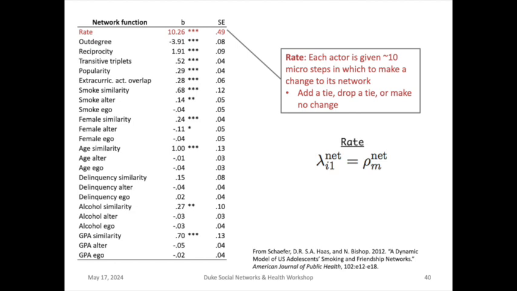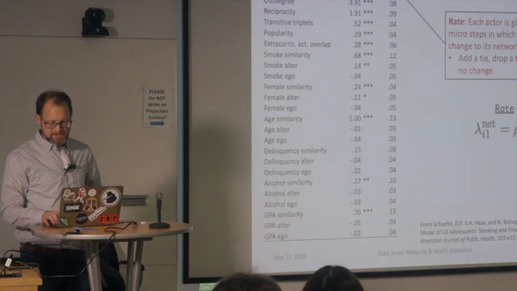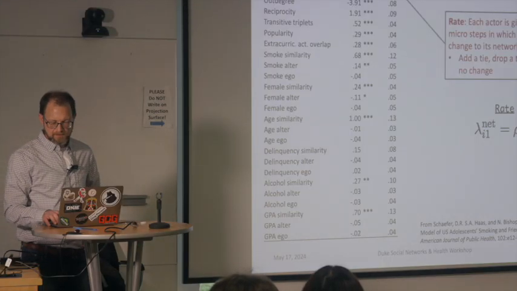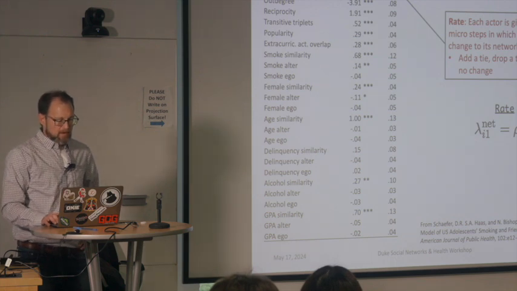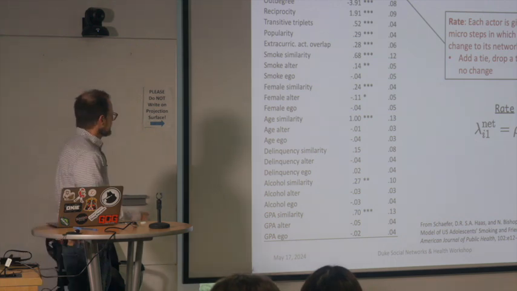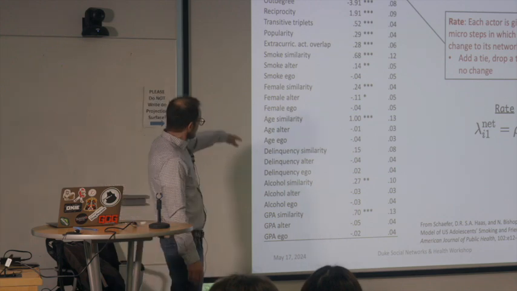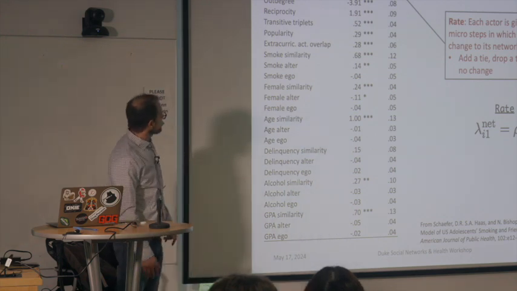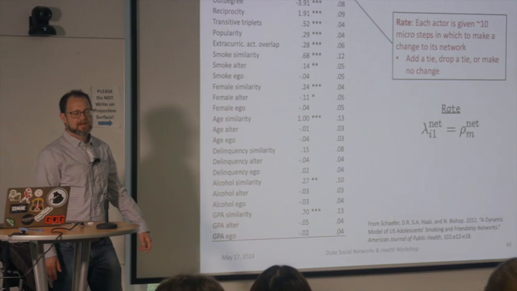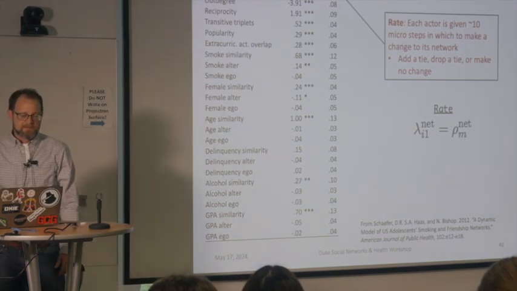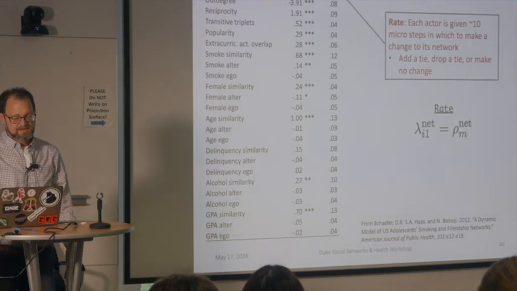All right, so I've got a number of examples in here. I don't think I want to go through all of these. I hope it's detailed enough that you could go through it on your own and try to understand what each of these effects is getting at. But this is a typical SIENA model, a behavior or a network function. About 25 effects, and that's probably an average size.